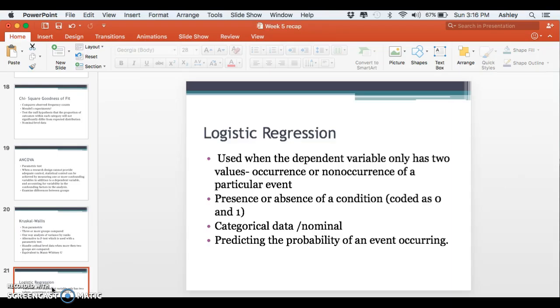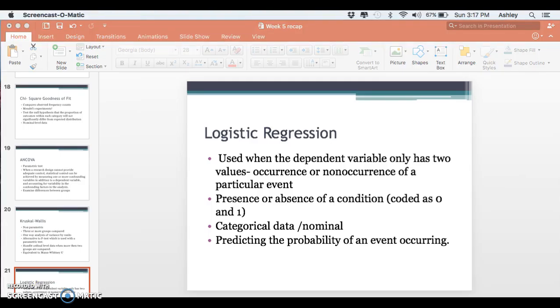Next, let's look at logistic regression. So with logistic regression, it's used when the dependent variable only has two values. So it's either occurrence or non-occurrence of a particular event. Many questions of prediction or explanation involve outcomes that are categorical.